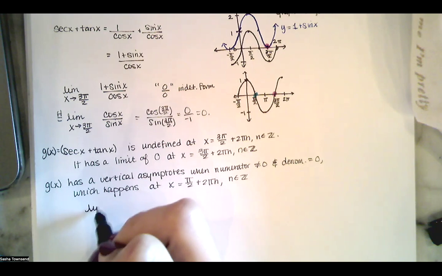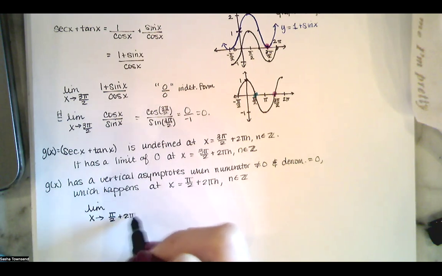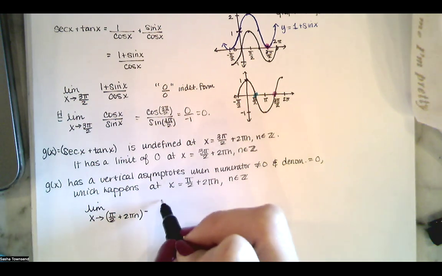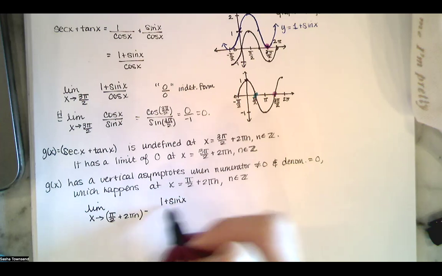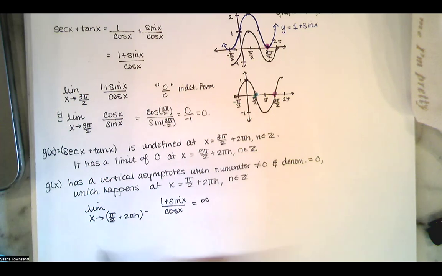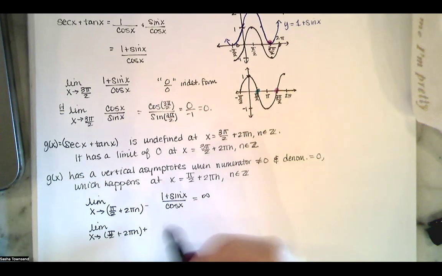We'll say the limit as x approaches these guys from the left is positive infinity, and then the limit as x approaches that vertical asymptote from the right is negative infinity.